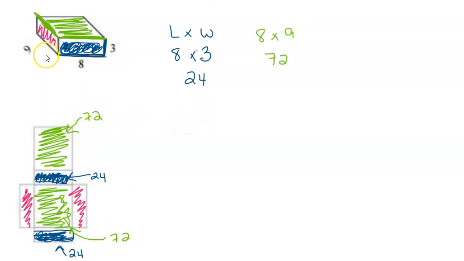Last one we're going to find is that pink. So we need to know its length, which is 9, and then its height, which is 3. So we have 9 times 3, which is 27. So that means that this is 27. That's its area, and so is this one. So now in your calculator, you're just going to type in all of these numbers combined.